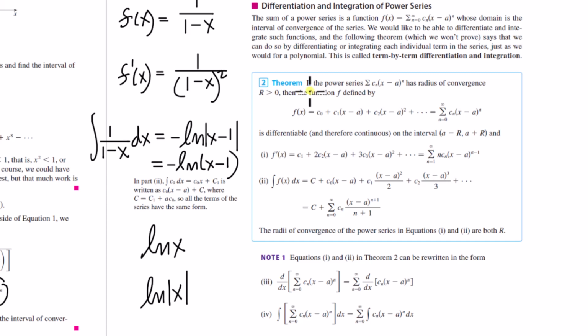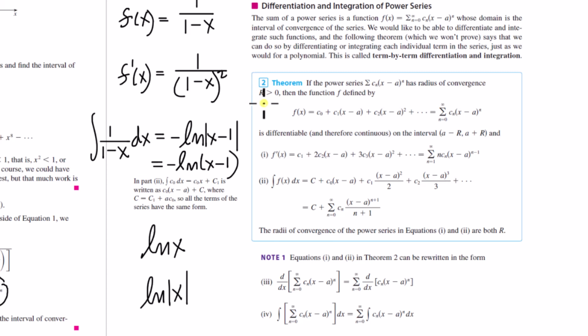Okay, so here's the theorem, and it's really nice. If you have a power series, here's the general form, that has a radius of convergence r greater than 0, so that you need to have an actual non-trivial radius of convergence, either from negative infinity to infinity, or something that's not just convergent at the center point, which effectively means it doesn't really converge. That's like a trivial case.